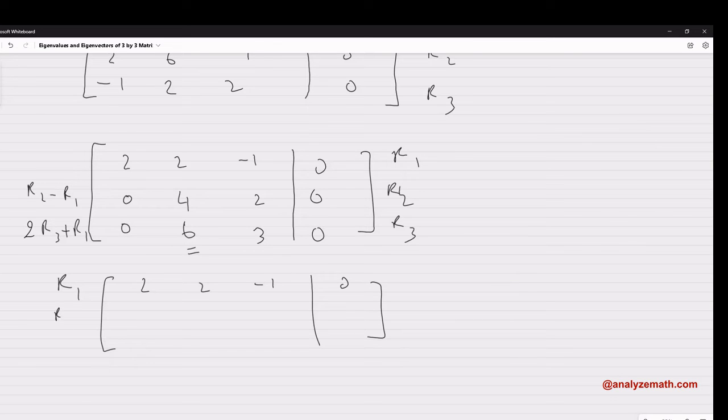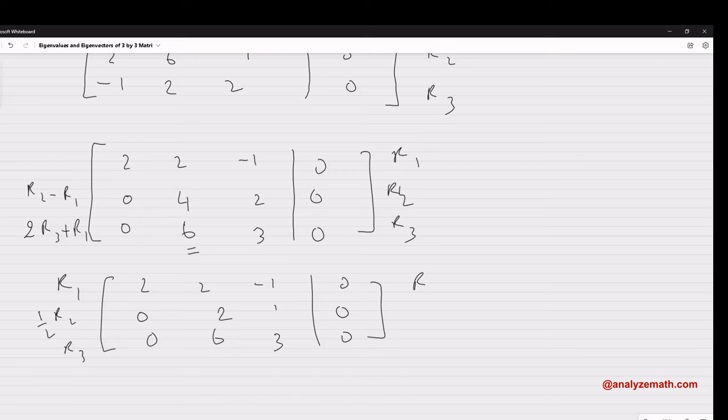R2 is multiplied by 1/2. So you multiply all this by 1/2: 0, 2, 1, and 0 here. And R3 is unchanged for now: 0, 6, 3, 0.